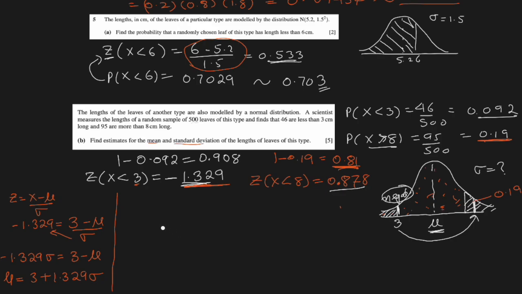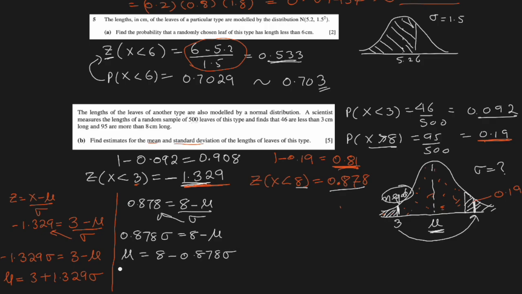The Z score is 0.878, equal to X, which is 8 in this case, minus mu over sigma. Cross multiply: 0.878 sigma is equal to 8 minus mu. Mu comes to the left, so it becomes 8 minus 0.878 sigma.